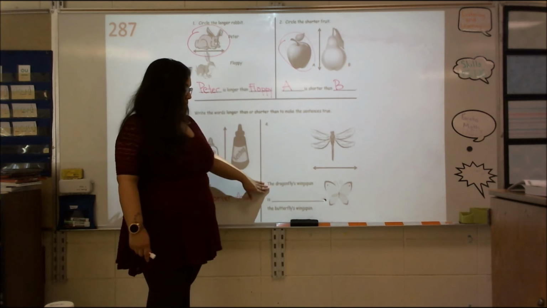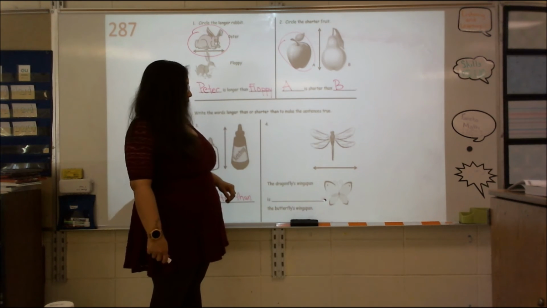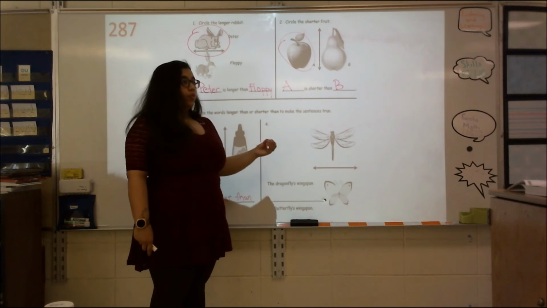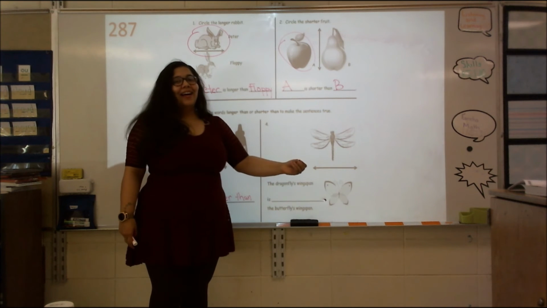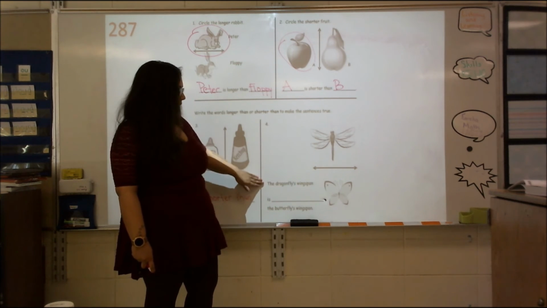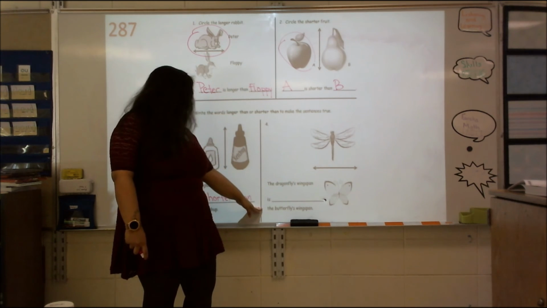Now, the next one depicts a dragonfly and a butterfly. The sentence prompt says, the dragonfly's wingspan is blank the butterfly's wingspan.